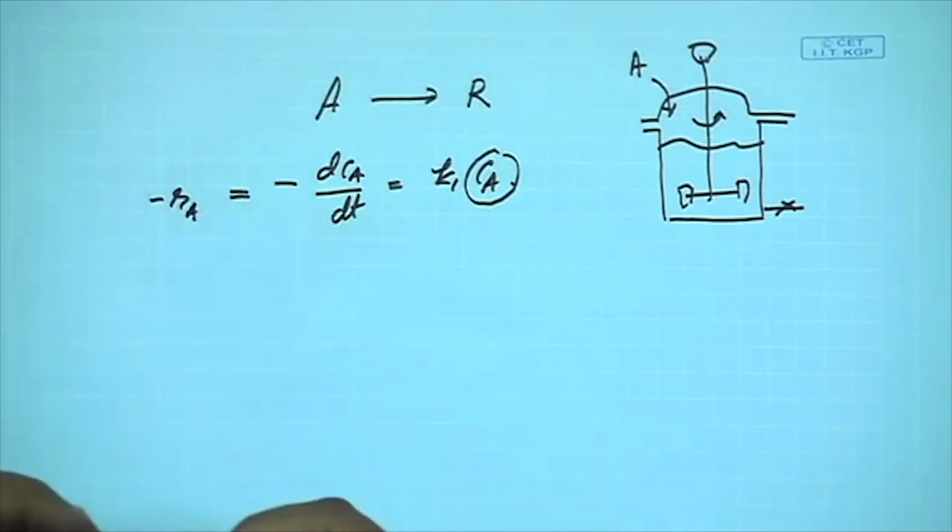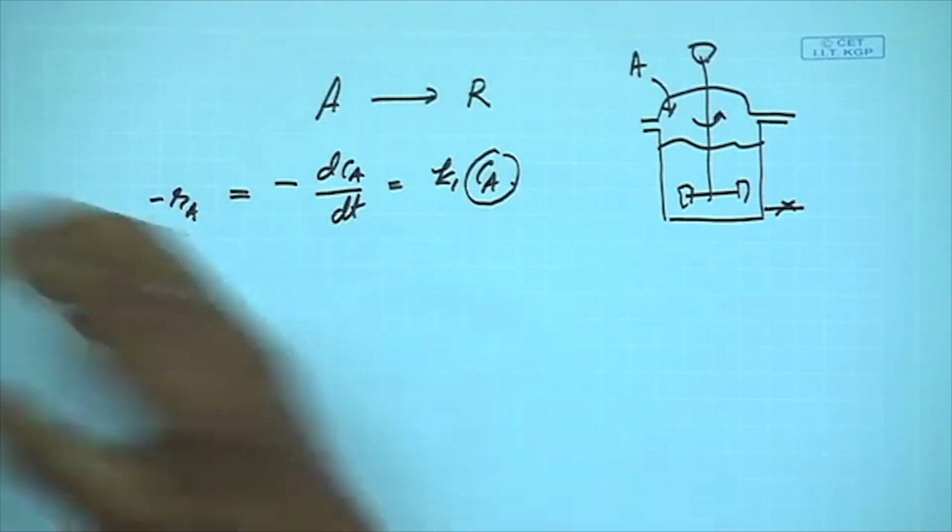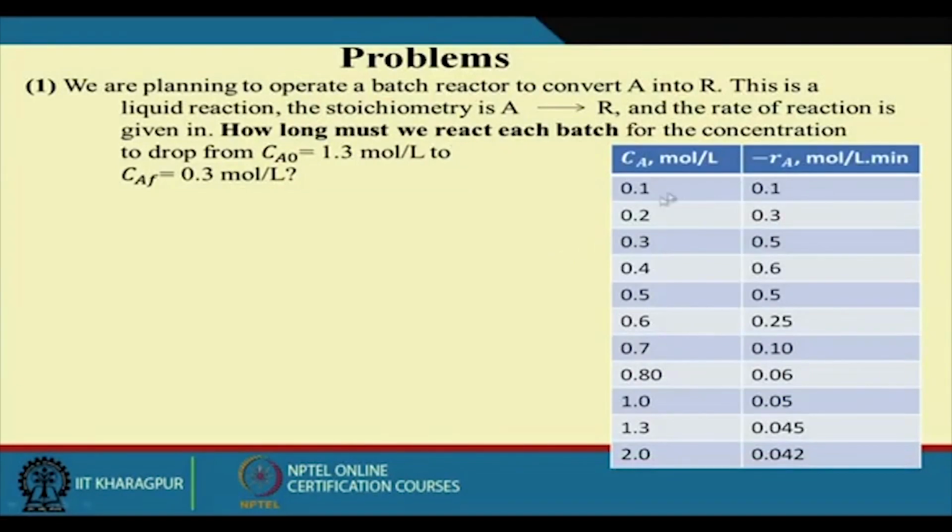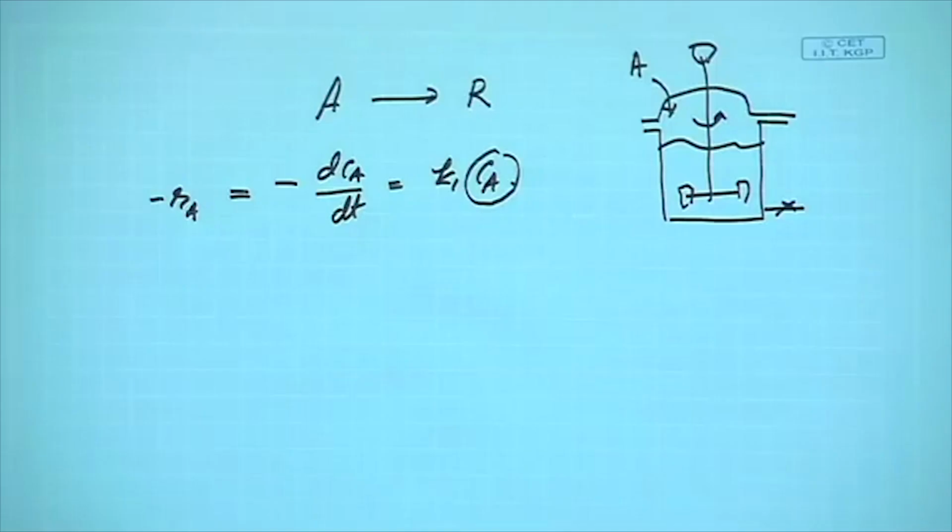So it is directly proportional to the concentration, and Ra is calculated as CA changes.